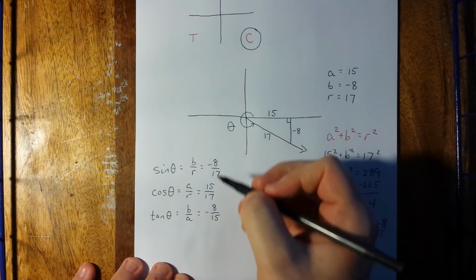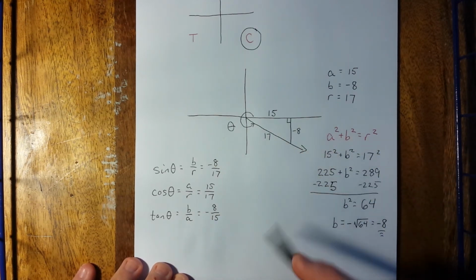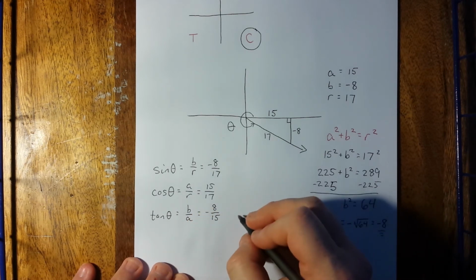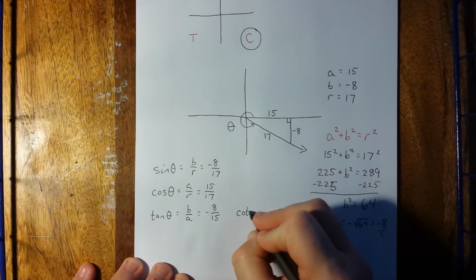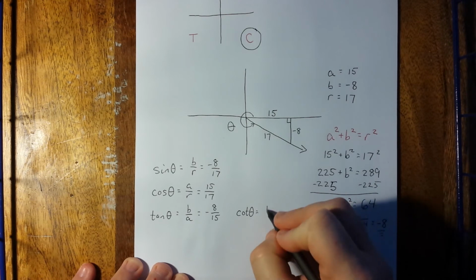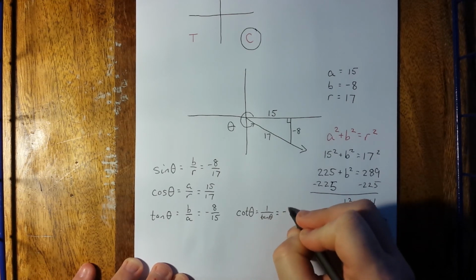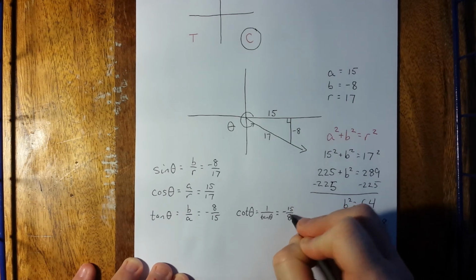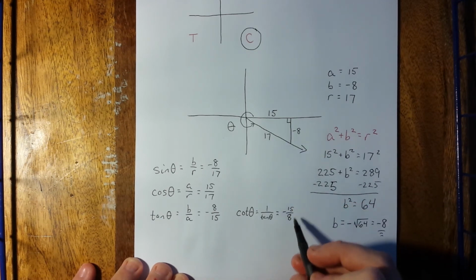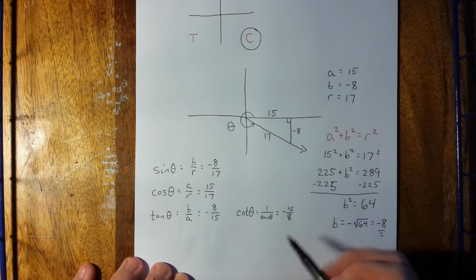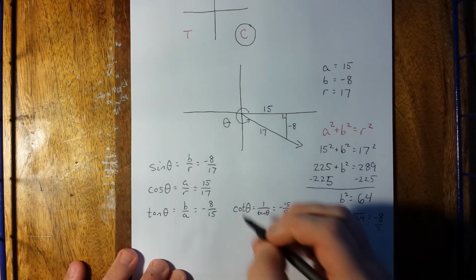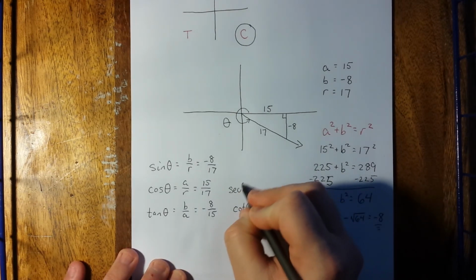Now, as soon as I take the reciprocals of all three of these, I've got my other three. Reciprocal of tangent is going to be cotangent. This is using our reciprocal identities, so we just flip top and bottom on that bad boy. Negative 8 over 15 becomes negative 15 over 8, and now we got a cotangent. Reciprocal of the cosine is the secant.